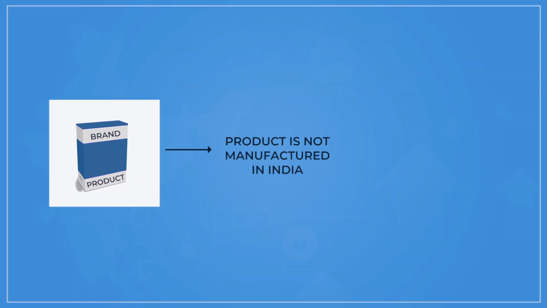If a like product is not manufactured or produced in India, the excise duty that would be leviable on that product had it been manufactured or produced in India is the duty payable. If the product is leviable at different rates, the highest of those rates is applicable.